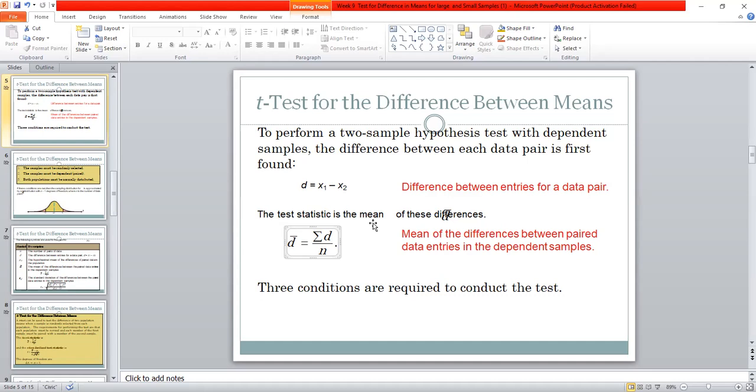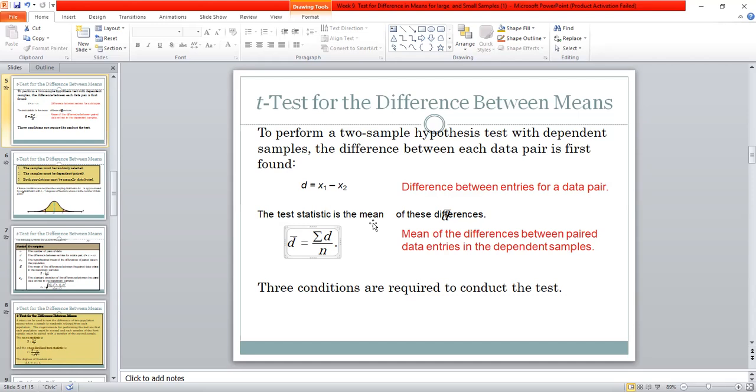H naught colon, mu D equals 0, because mu A minus mu B is equal to 0. Then HA colon, the alternative. What is the form of the alternative? Somebody, just try. What's the form of the alternative?